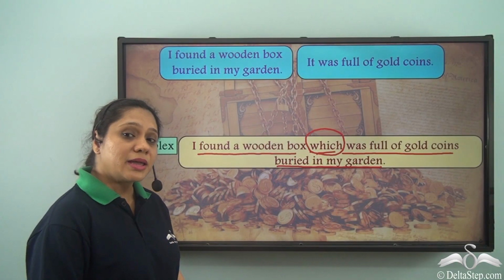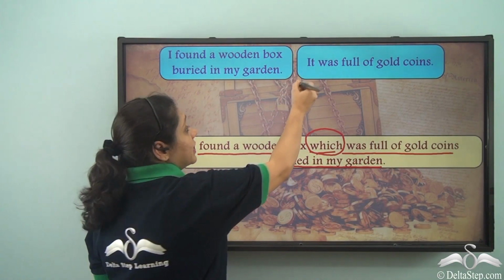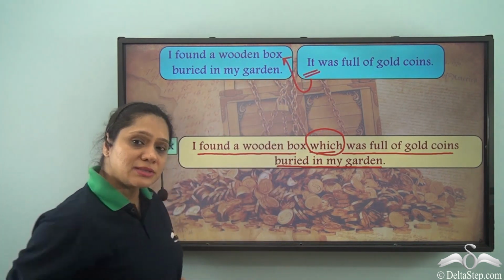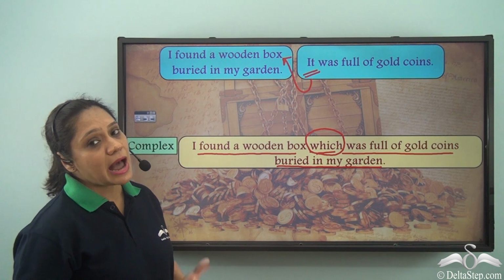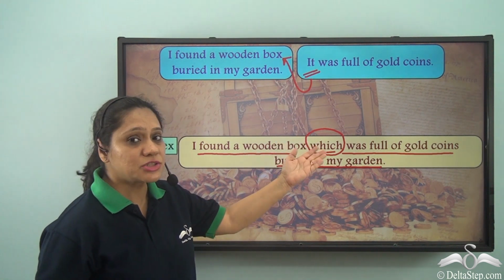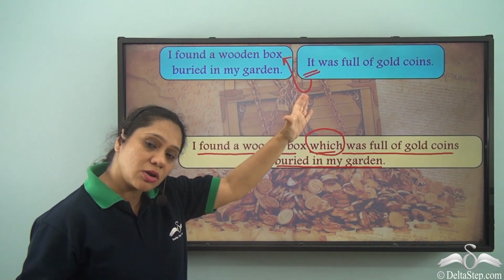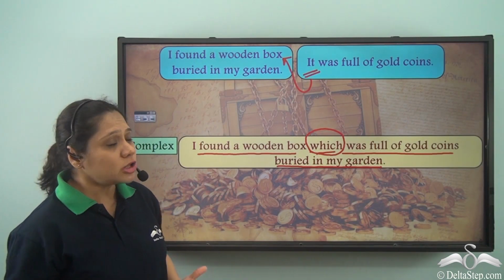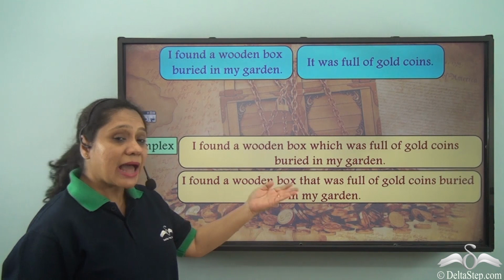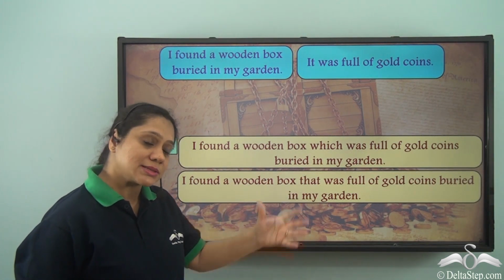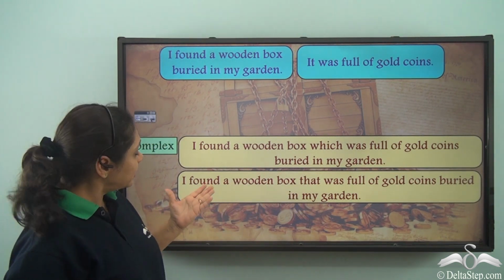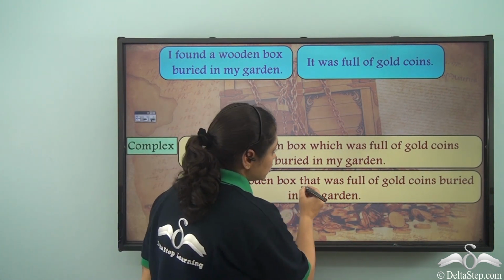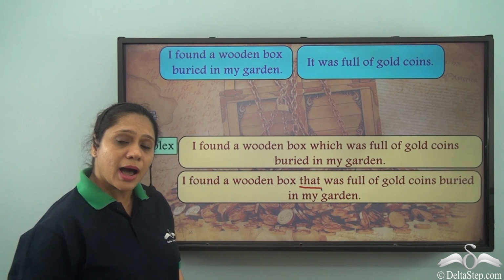Now, here in the second clause, the it refers to the wooden box mentioned in the first clause. We know that in such a case, you can also use that to join both the clauses. So, we can also write: I found a wooden box that was full of gold coins buried in my garden.